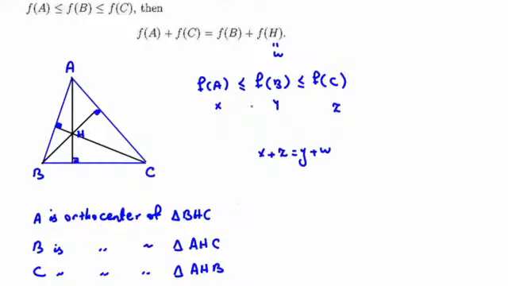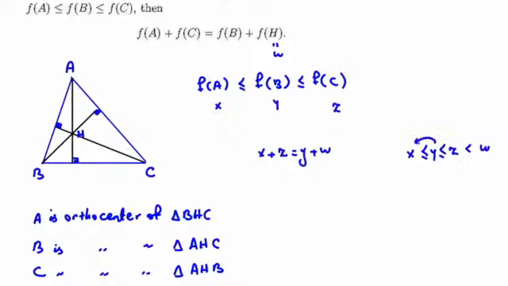Now here I say, okay, x, y, z, w. W can be here, it can be here. So let's check. I can say, because x plus z equal to y plus w, if, for example, w is here, then if w, for example, is greater than z, it's not possible. Why?